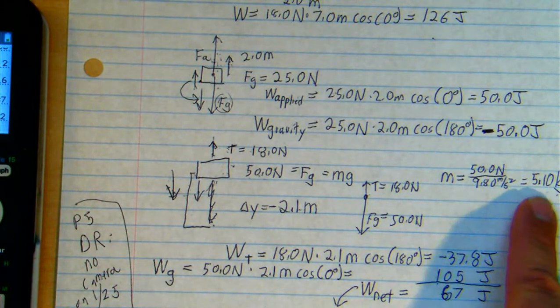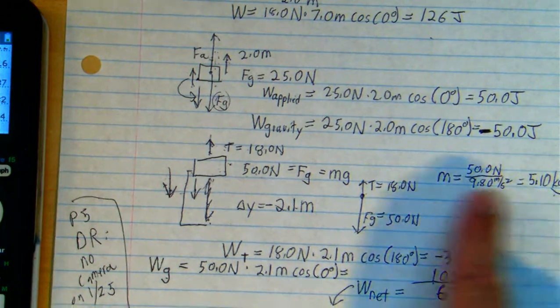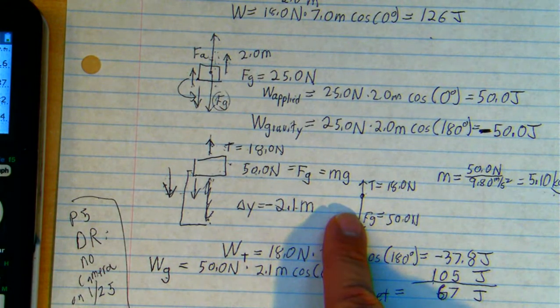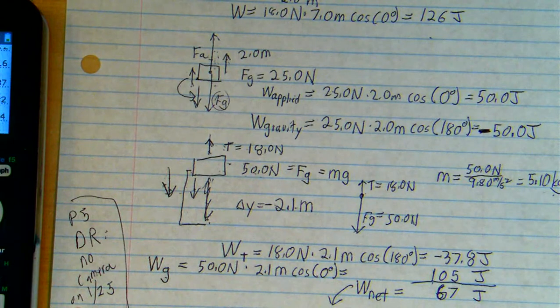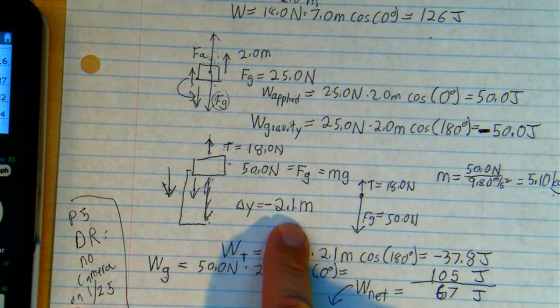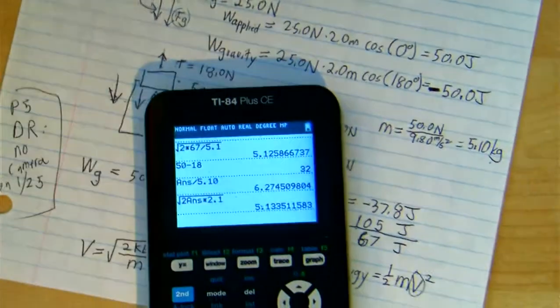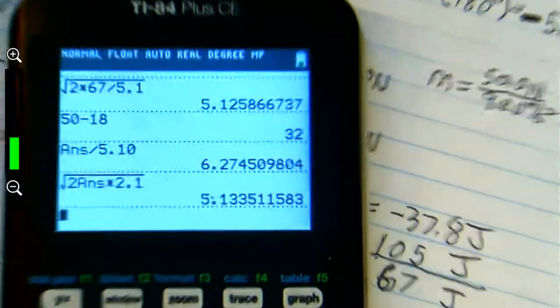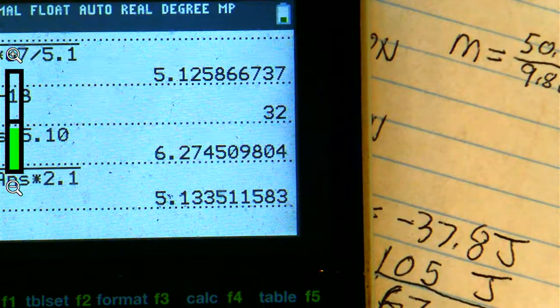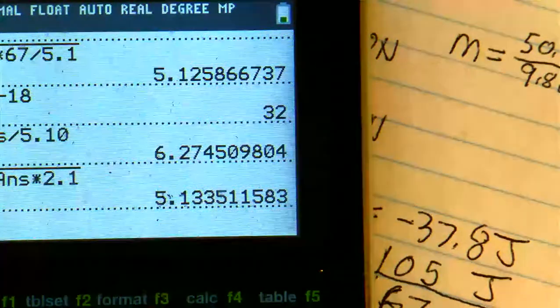If I divide that by the mass, 5.10 kilograms, then the acceleration is 6.27 meters per second squared. And if I use the fourth kinematic equation of motion and take the square root of 2 times that acceleration times the distance through which it fell, then sure enough, like my calculator says in the end here, I get exactly the same answer within rounding off, 5.13 meters per second.